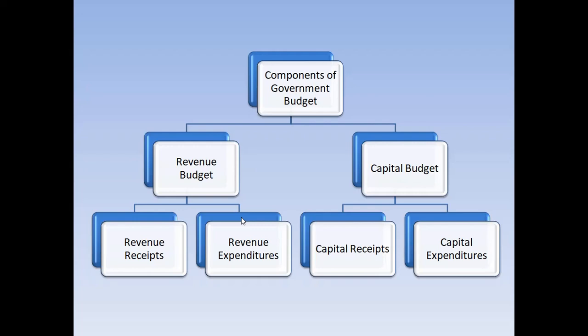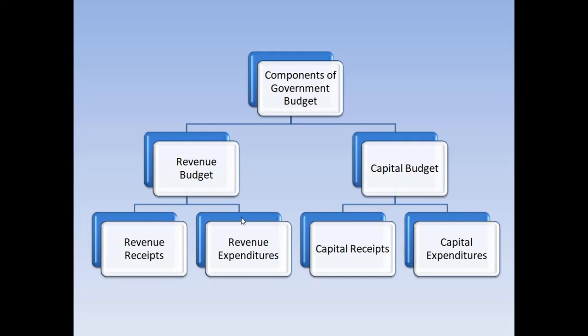For example, revenue receipts can be your income tax or GST, and revenue expenditures can be the salary payment to the defense force, or payment of salaries to government employees. So that is your revenue expenditure.